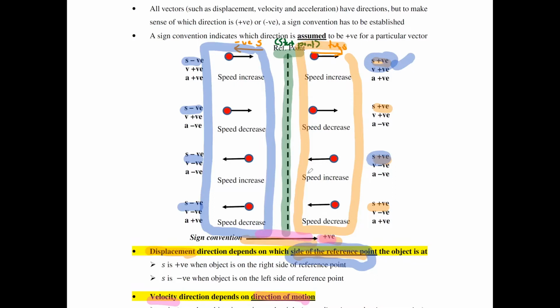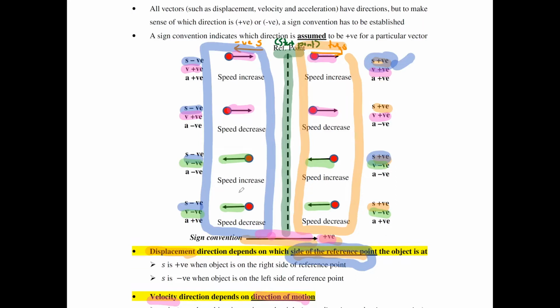You look at the 8 examples here: any of the objects that is moving towards the right, following the direction of the sign convention, will have positive velocity. On the other hand, any object that is moving towards the left, opposite to your sign convention, is going to have negative velocity.